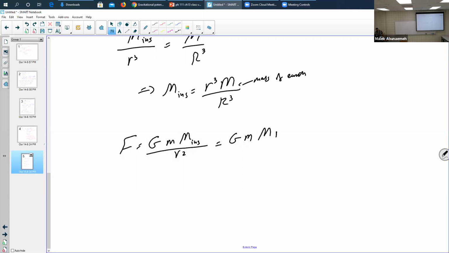Mass of the Earth multiplied by r cubed divided by r squared multiplied by R cubed. Again, this one's going to cancel with this one. So your force is going to equal G m big M over R cubed.